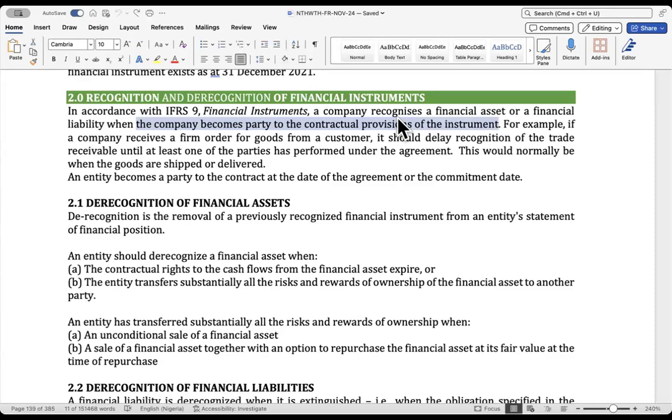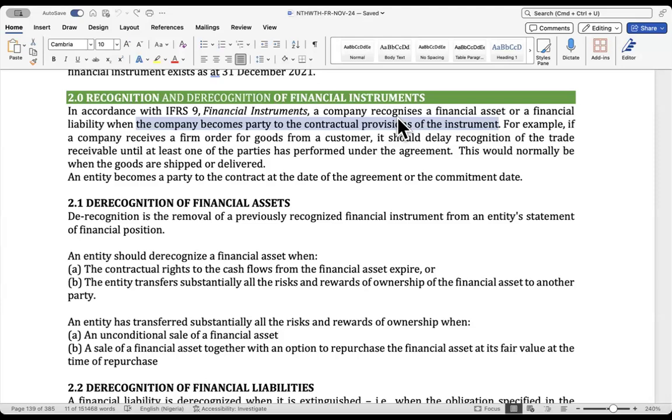I mean, that should not be so much to remember because a financial instrument itself is a contract. So it is when you are a party to that contract that you can either have a financial asset or liability, and that is when you can recognize it in your books.